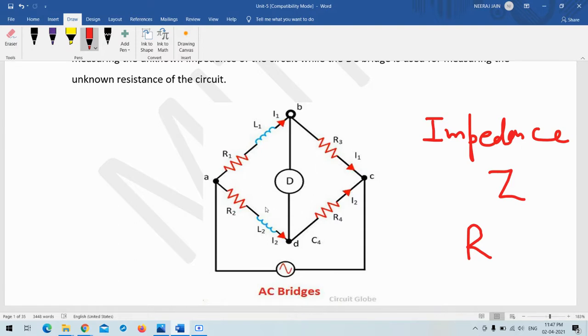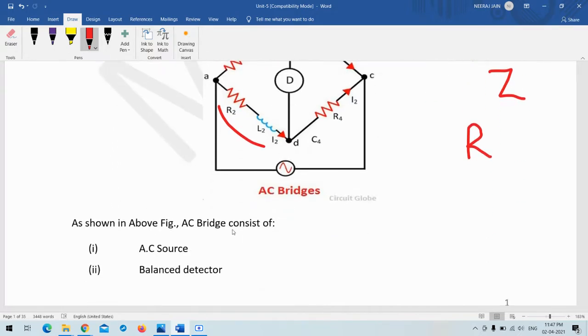As shown in the diagram, the first arm has both resistive and inductive elements. This arm also has resistive and inductive elements, and the two arms BC and DC are purely resistive arms, as shown in the figure.